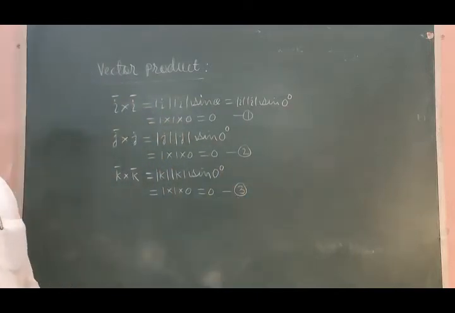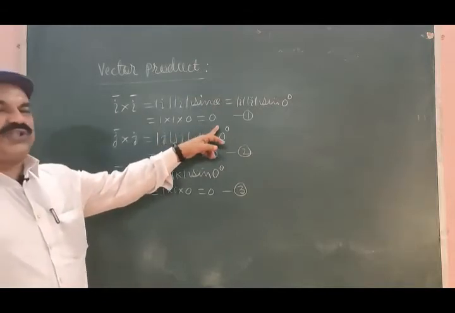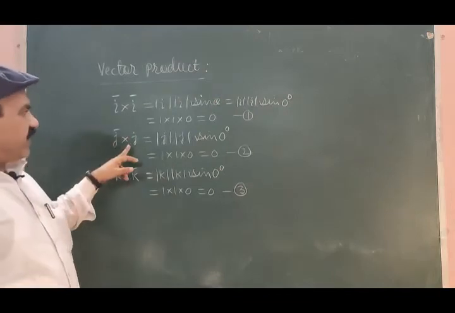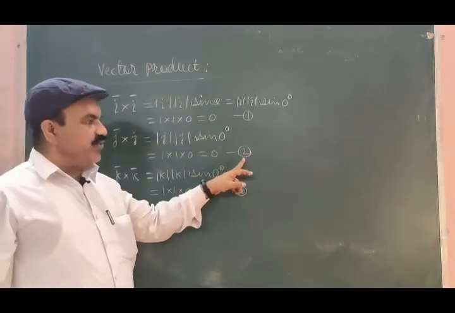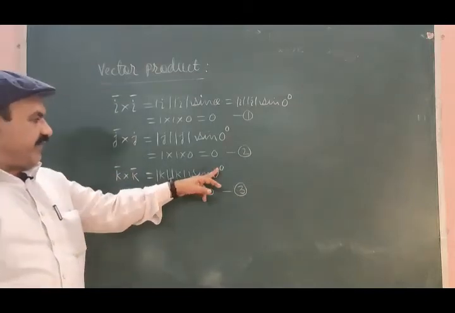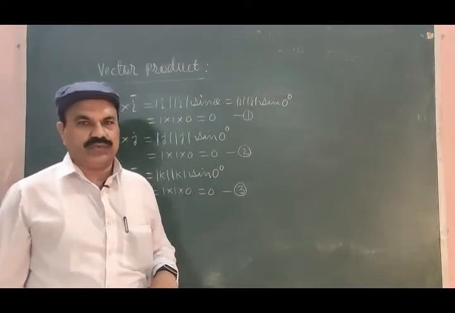Equation 3. So i cross i is 0 is the first rule, j cross j is 0 is the second rule, and k cross k is 0 is the third rule.